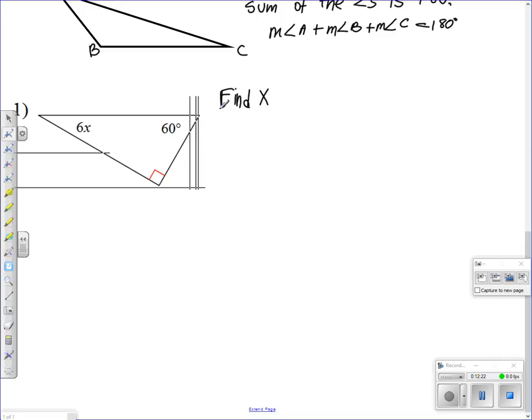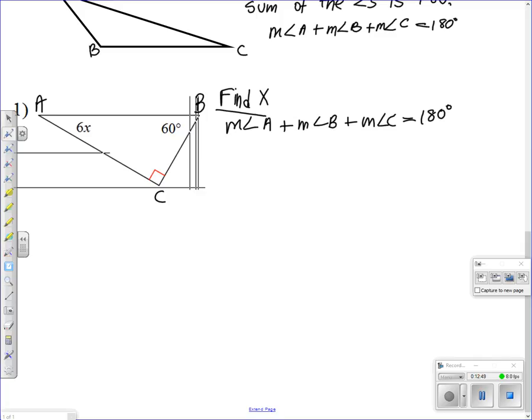Well, you're going to use the triangle sum theorem. So if I put angle A, let me call this angle B, and let me call this angle C. I know that the measurement of angle A plus the measurement of angle B plus the measurement of angle C is equal to 180 degrees.